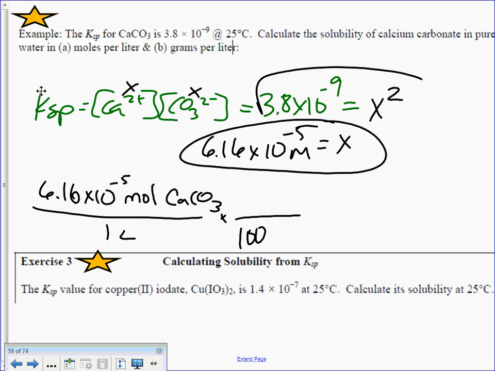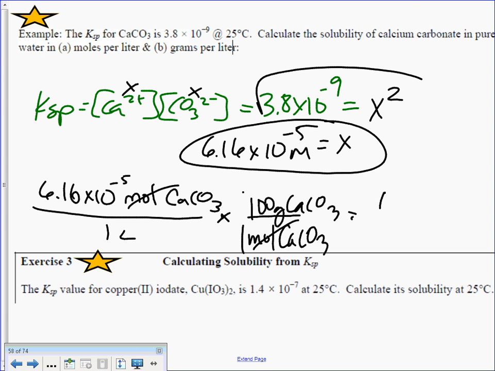So one mole of calcium carbonate weighs 100 grams of calcium carbonate. So then the solubility in grams per liter would be 6.16 times 10 to the negative 3rd grams per liter. So it's a different way of expressing it.